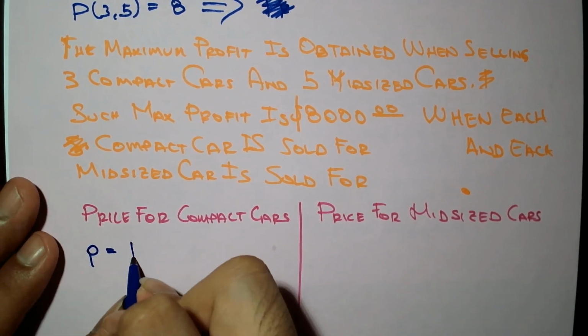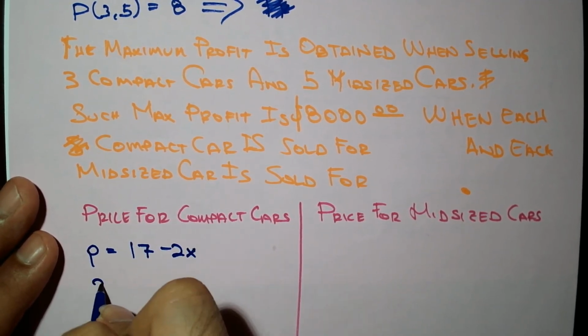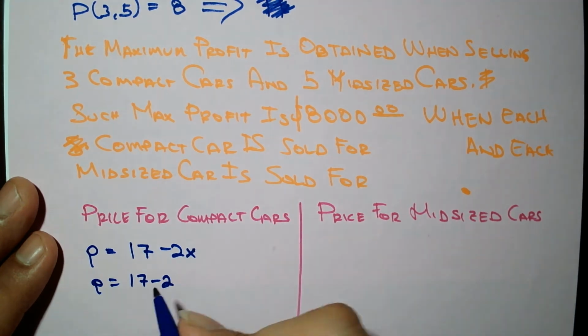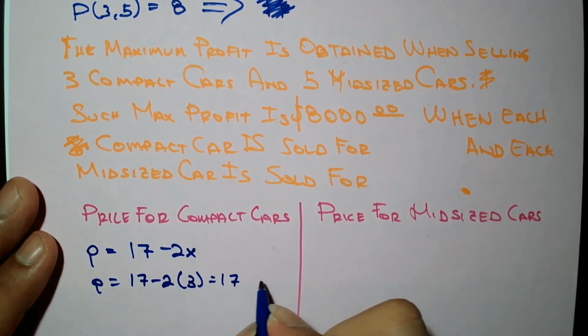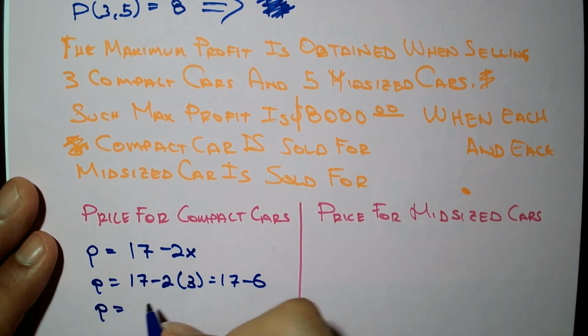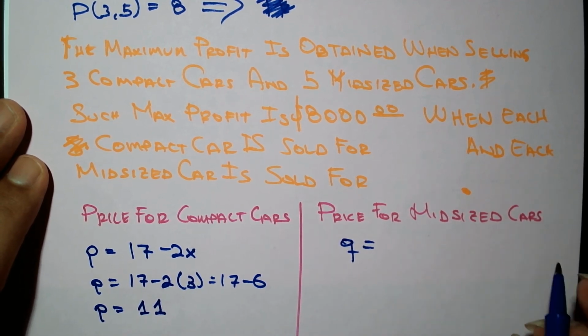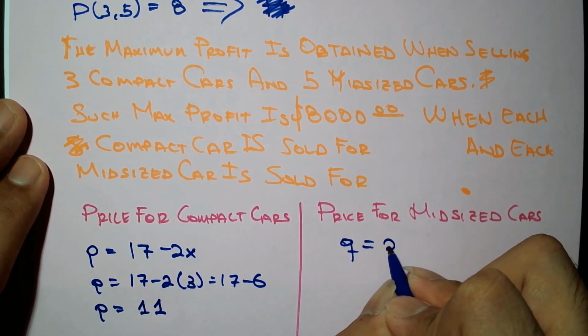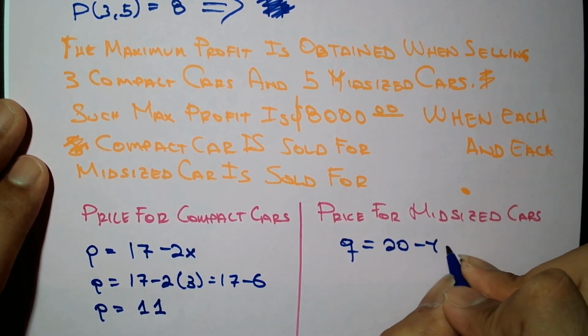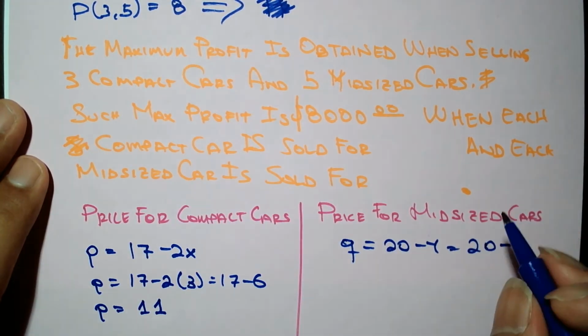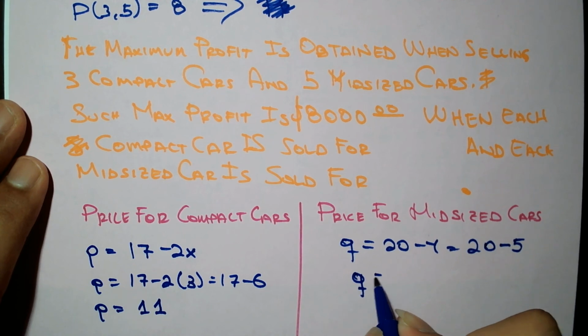P equals 17 minus 2x, which in this case x equals 3, 17 minus 6, so P is 11. On the other hand, Q, which is the price for mid-sized cars, is 20 minus y, which in this case is 5, so Q equals 15.